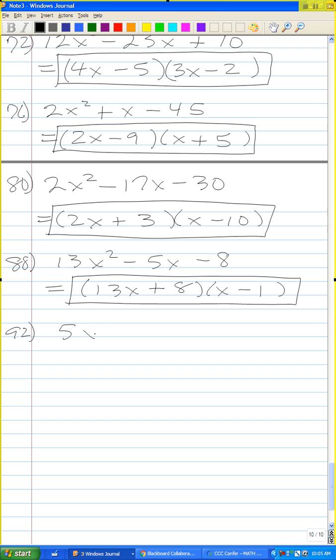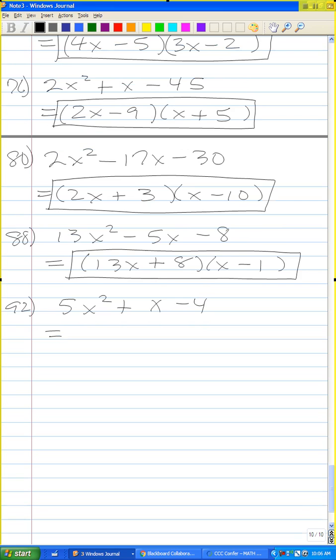5x squared plus x minus 4. And you should be sure that as you do these, your speed at factoring increases, because in the next chapter, chapter 7, you will have to do a lot of factoring for every problem.